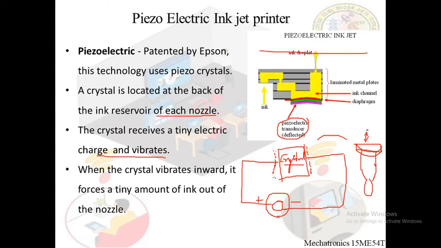When it contracts, that is it moves back, a vacuum is created, thereby the new ink or the further ink enters into this nozzle chamber, thereby making the process continuous. This technology is patented by Epson.